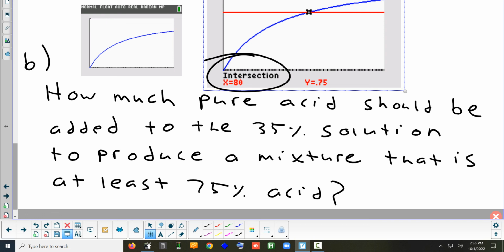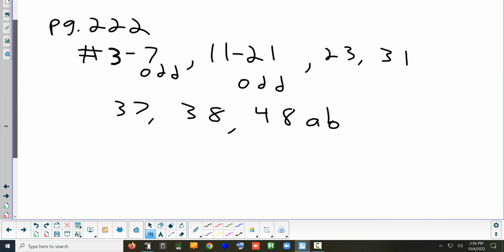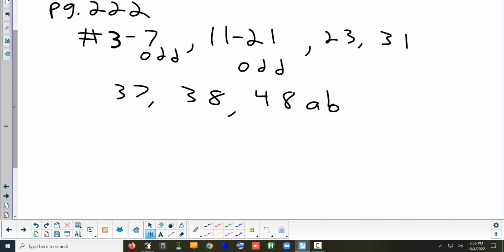So that's section 4.1. The rest of the week, we're going to focus on section 4.2, for the whole rest of the week. So that's the homework for tonight.